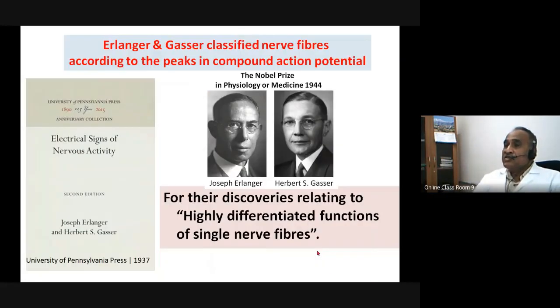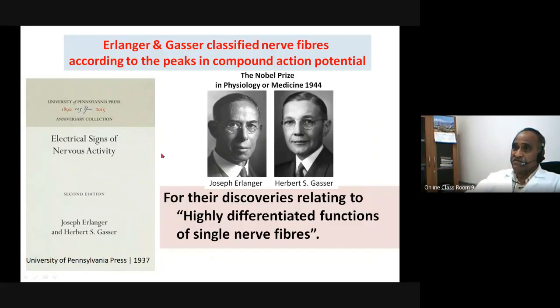Somewhere in 1935 or 37 they published this. Maybe in 35, these are the two persons. They performed experiments on a frog sciatic nerve, and by recording the frog sciatic nerve action potential, they found there is some difference in the waveforms of the compound action potential.